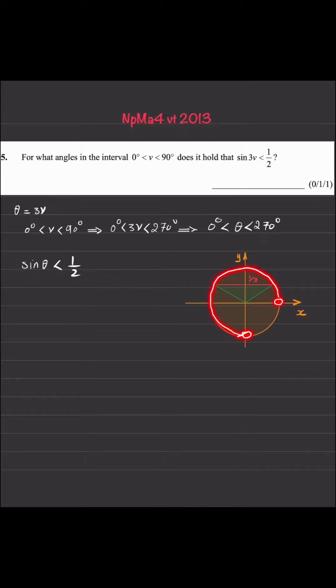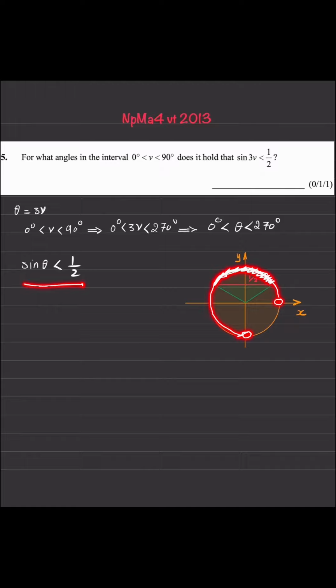But now be careful. I want to have the sine of that angle less than 1/2. So I have to choose those points from this red arc for which the height is less than 1/2. So it's very clear that this part of the arc is not acceptable because any point on this part of the arc is already above the height 1/2.